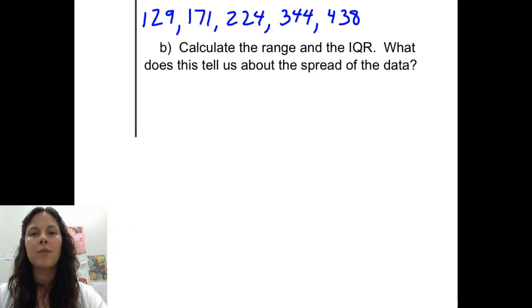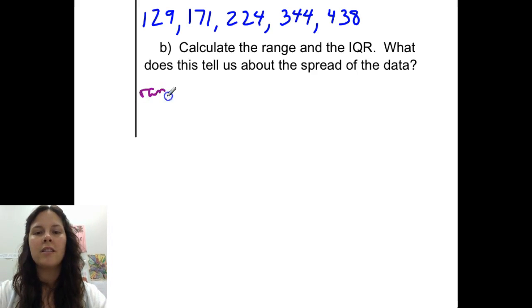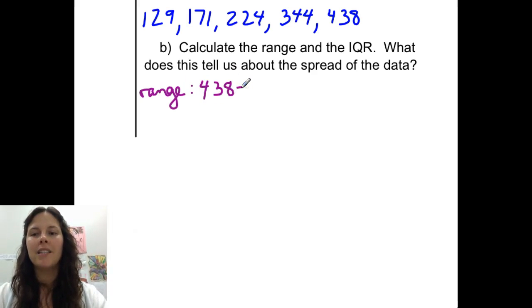Finally, we're going to compare the range with the interquartile range. The range is the highest data value overall minus the lowest data value overall. So 438 minus 129 gives us the range of the entire data set. We have a range of 309 seconds.